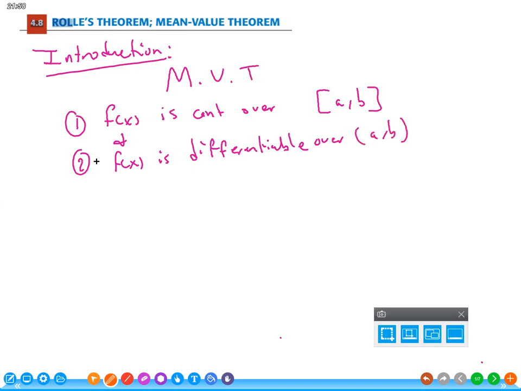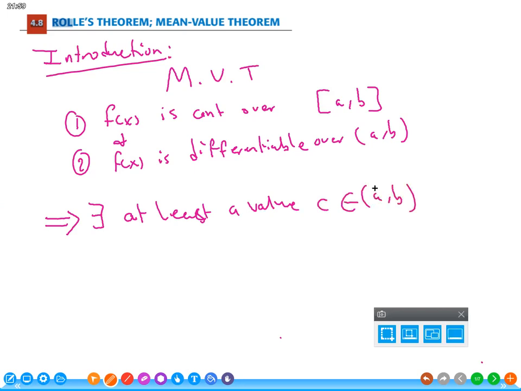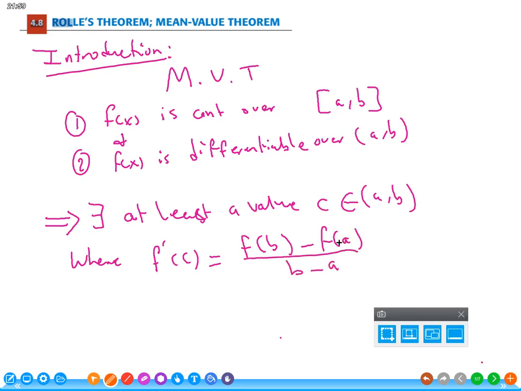If these two hypotheses are satisfied, this implies, and this is the conclusion of the theorem, that there exists at least a value c belonging to the open interval where f prime of c equals f of b minus f of a over b minus a.